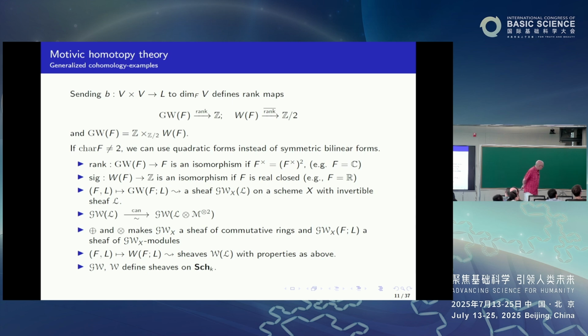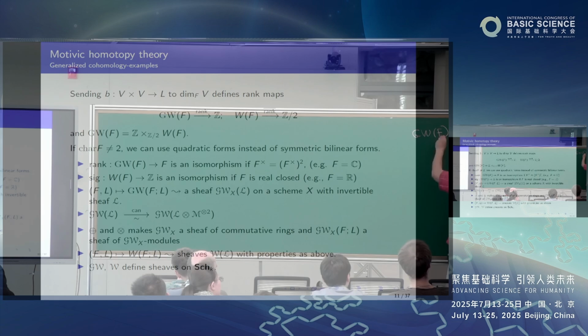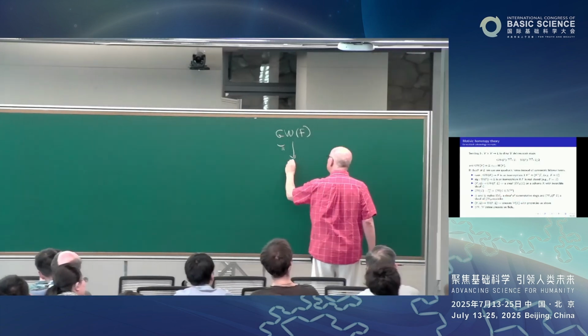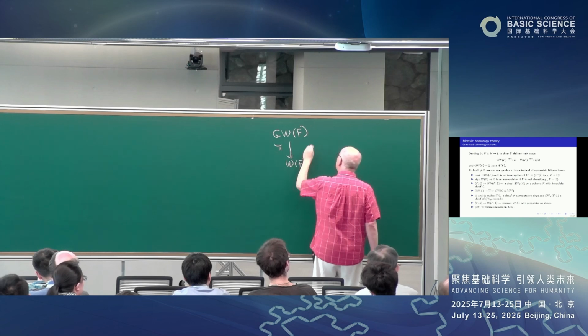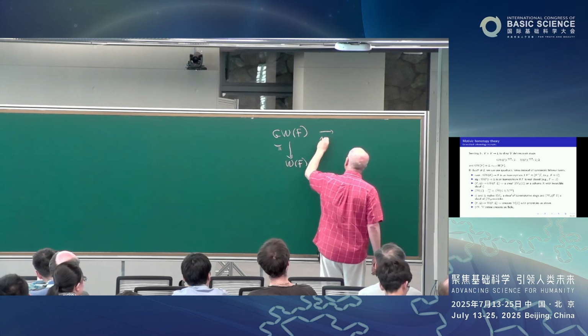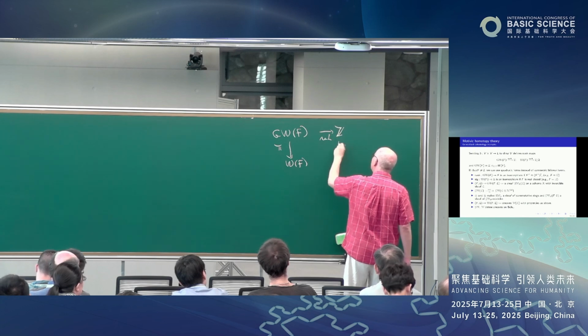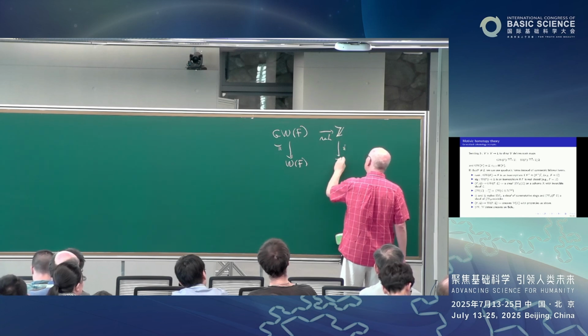So you have a Cartesian diagram which just looks like this. You have the Grothendieck-Witt ring of F. It reduces down, we call it pi, to the Witt ring of F. Then you have the rank map to Z. You have the reduction, if you like, to Z mod 2.